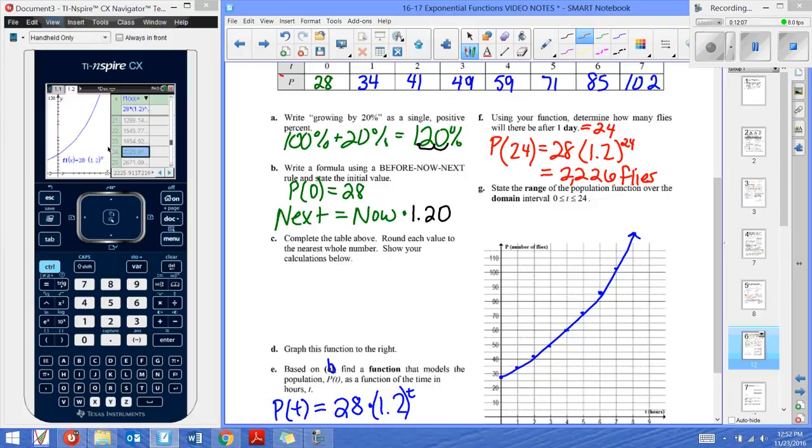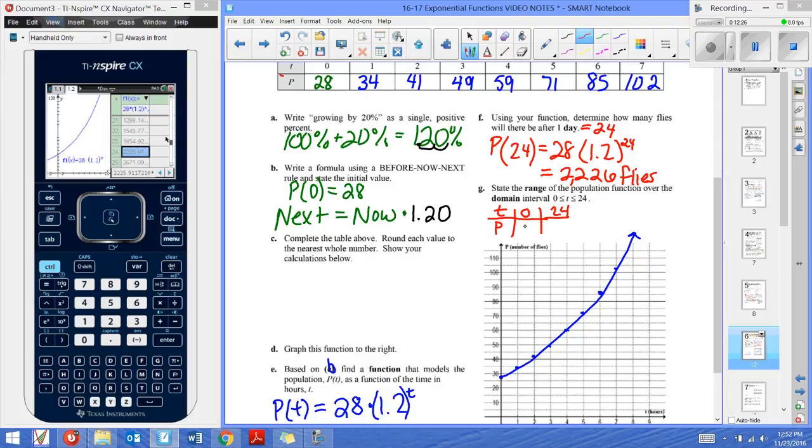And here it says state the range of the population. So how low does it go, from 0 of our t value all the way to 24?